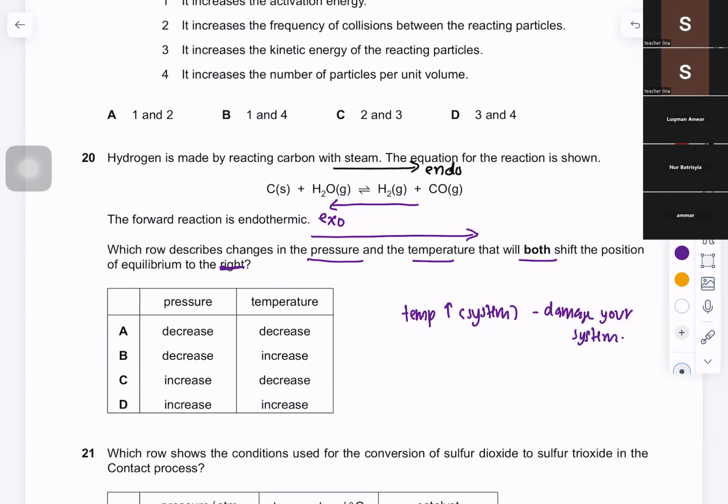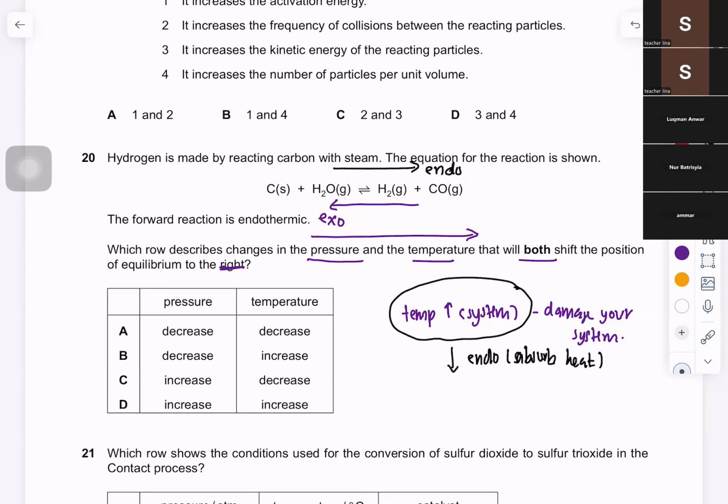So to decrease the temperature, alright, to decrease the temperature, this one, you nak decrease the temperature, you kena cari endo. Sebab endo je yang boleh absorb heat from surrounding. Dia absorb heat from surrounding dan dia decrease the temperature. Endo je boleh buat macam tu. Okay.